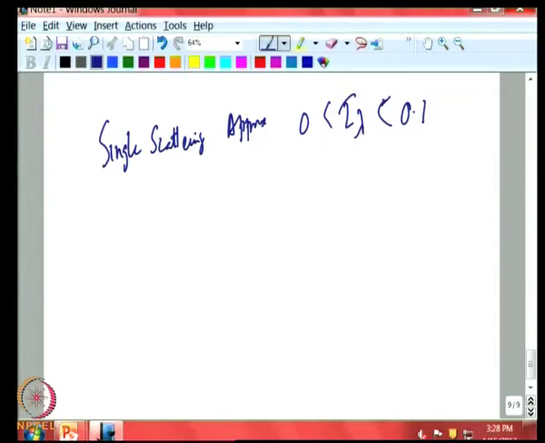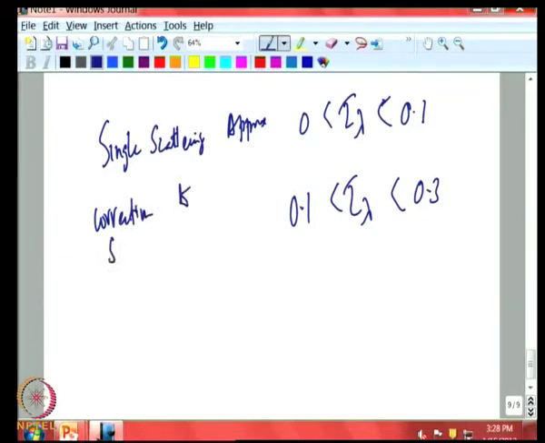But if tau lambda is between 0.1 and 0.3, you can do a correction to a single scattering approximation, and we can manage to study scattering up to the optical depth of 0.3.